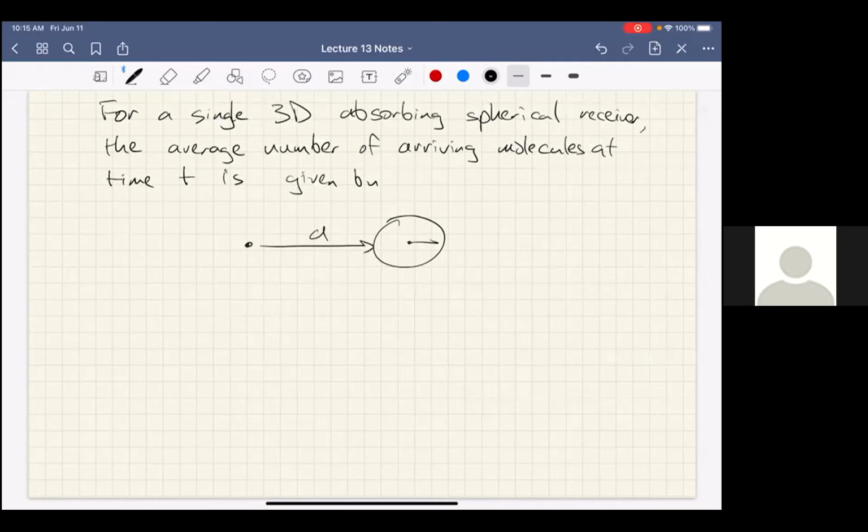So that is D, that is R. So the average number of arriving molecules, I'm going to give this the function f of t, as a function of parameters r, d, and diffusion coefficient capital D.